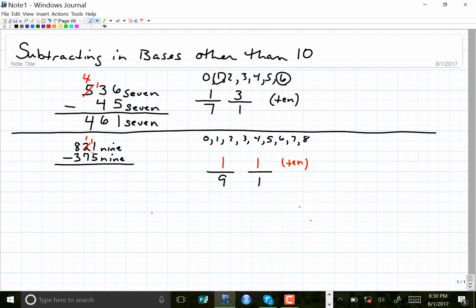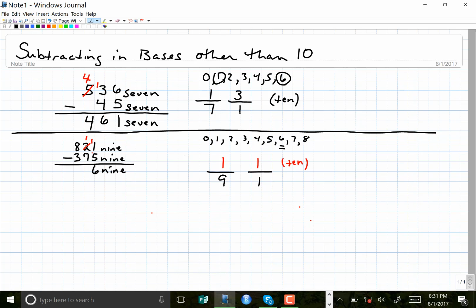So what we have here is 10 minus 5, and 10 minus 5 is 6. Remember, our answer is in base 9, and since 6 is one of the digits we're allowed to use, we can simply write it down.